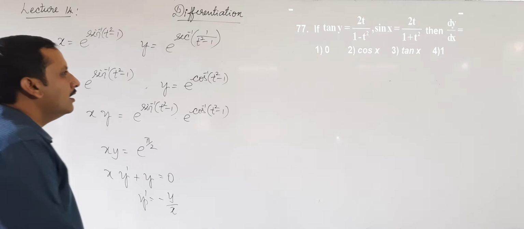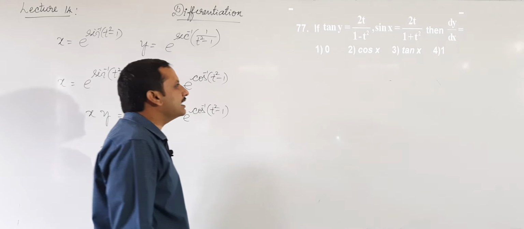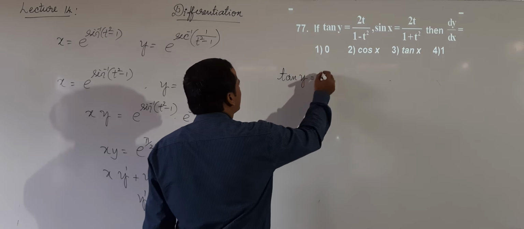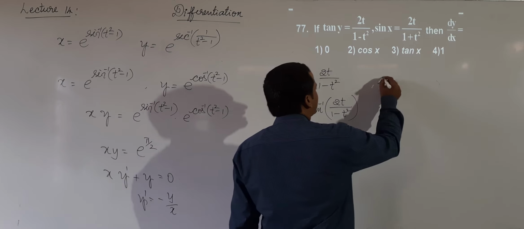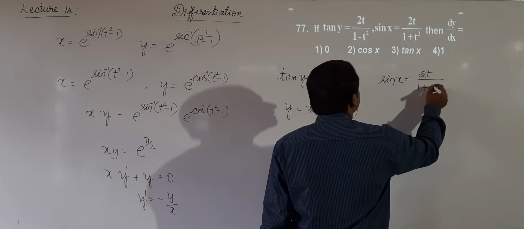Then if tan y is equal to 2t by 1 minus t square, sin x is equal to 2t by 1 plus t square, then dy by dx is equal to. Tan y is equal to 2t by 1 minus t square. I can write y is equal to tan inverse of 2t by 1 minus t square. Sin x is equal to 2t by 1 plus t square.